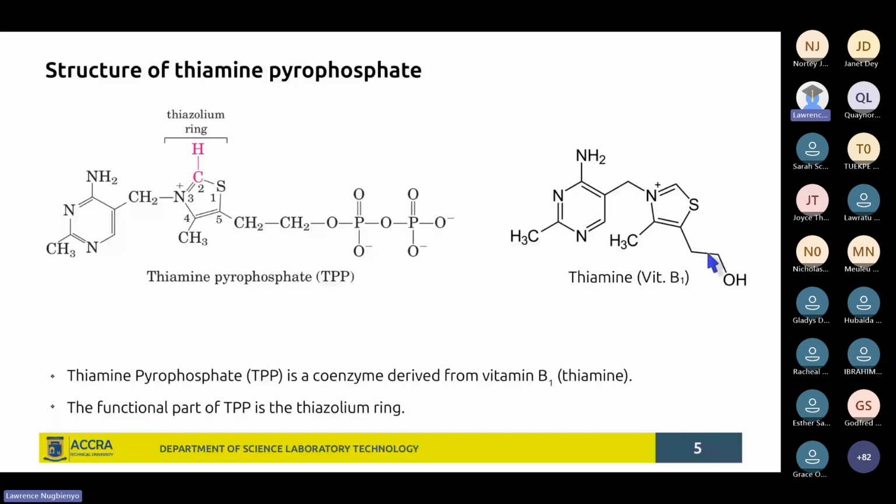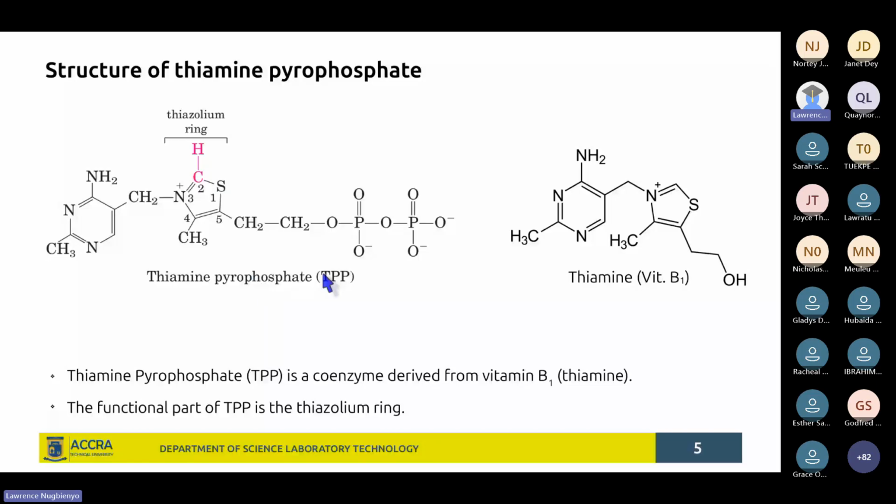And in place of the two phosphate groups, you have a hydroxyl group. So thiamine, the vitamin which we consume, is in its inactive form, but it gets activated by phosphorylation. That is, two phosphate groups coming in place of that hydroxyl group makes the molecule active as a coenzyme, what we are referring to as thiamine pyrophosphate.